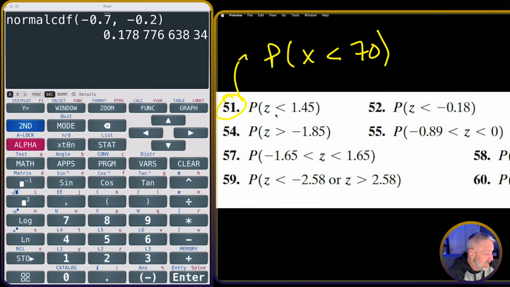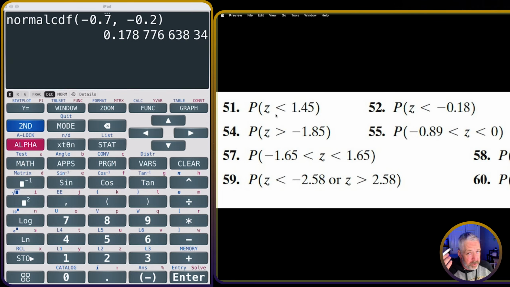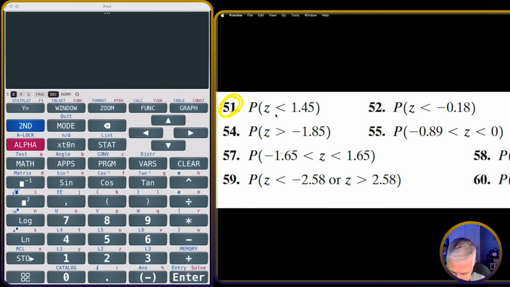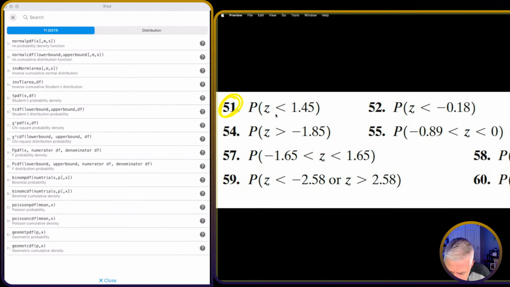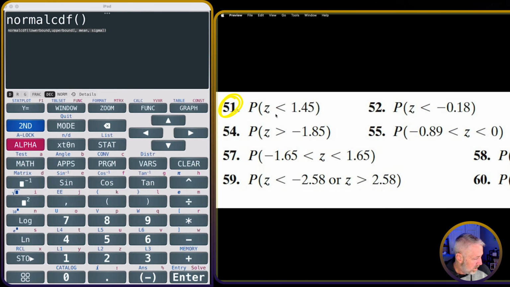So in this particular case, let me erase this off before somebody's going to ask a question. Where'd 70 come from? Arbitrary. We don't have any numbers to go with this. But if we're looking at the probability that z is less than 1.45, then we go straight to here. Second, vars, normal CDF.